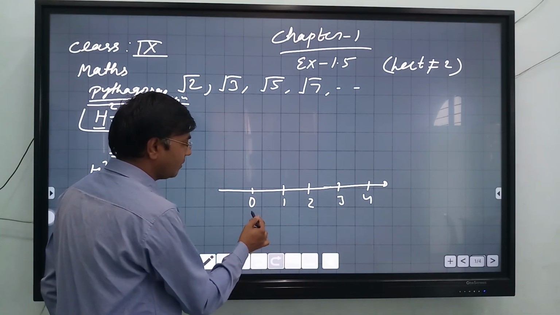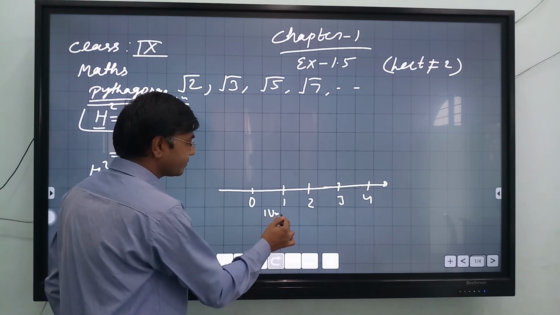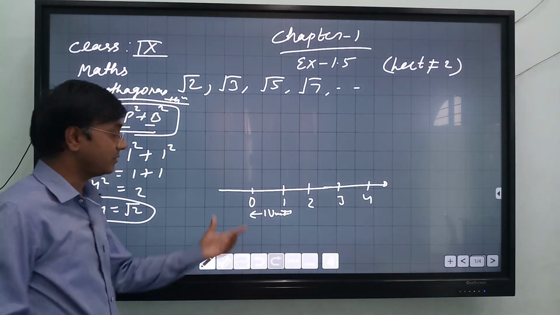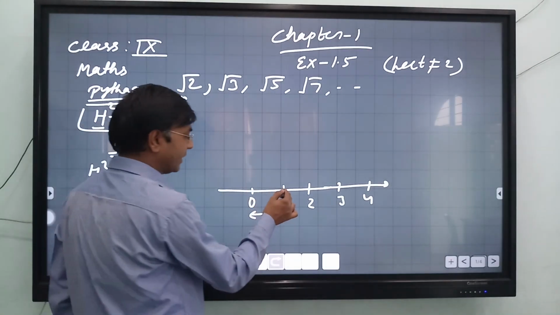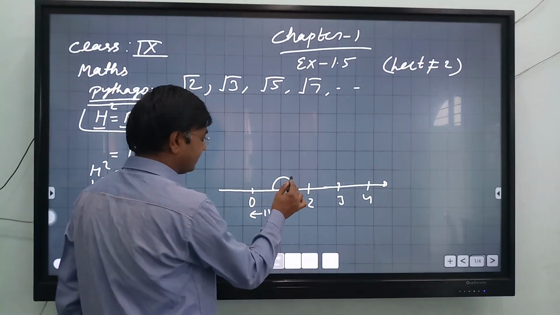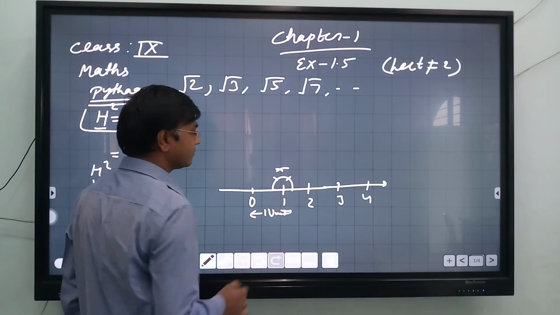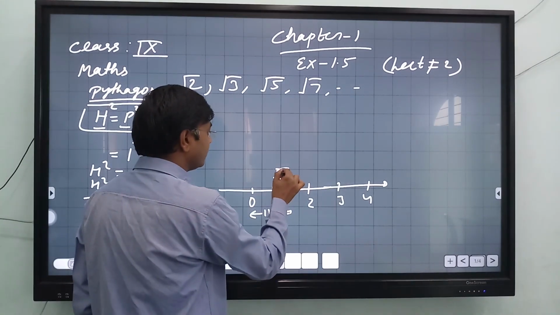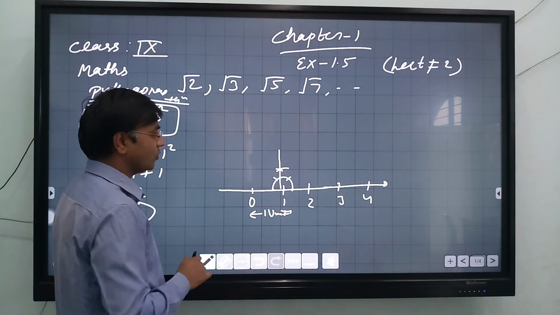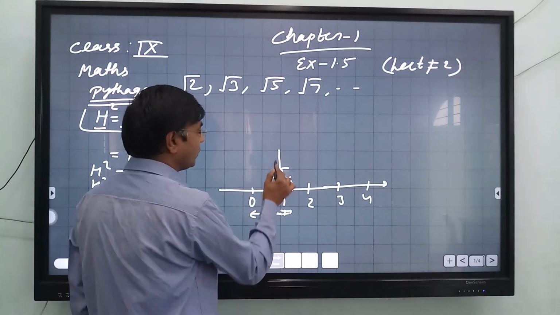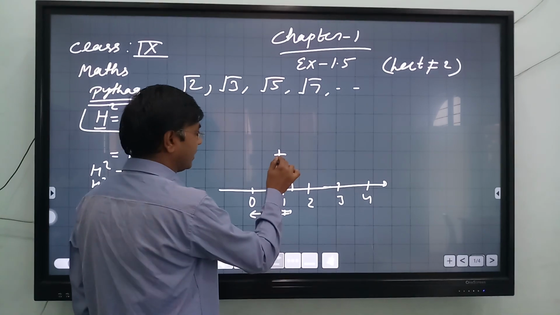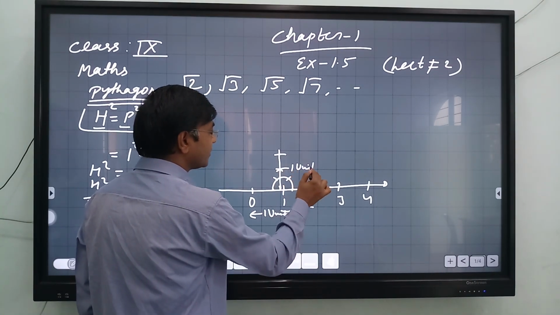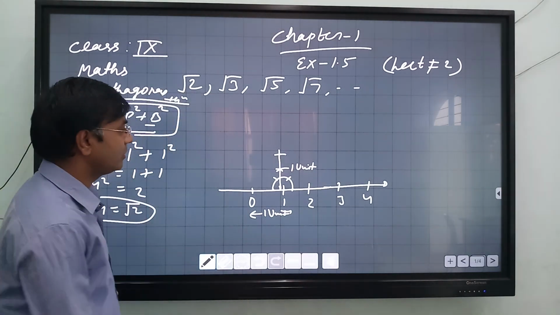So 1 unit we have taken here, that is the base, and now at the point 1 draw 90 degrees with the help of a compass only. Use the geometry box, draw the line, and from this point cut one arc so that it is also 1 unit.